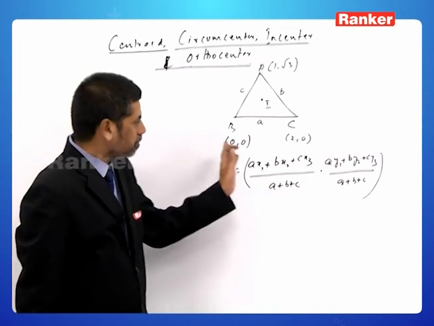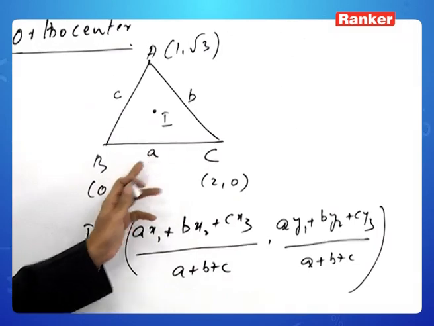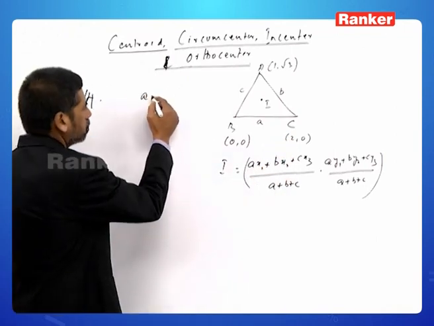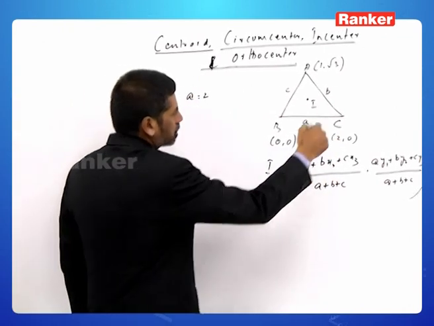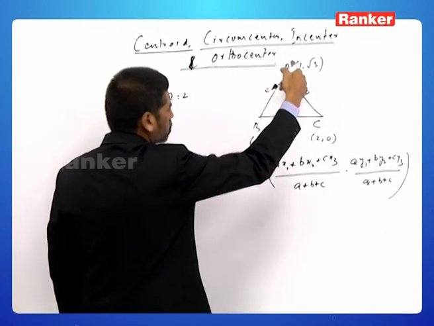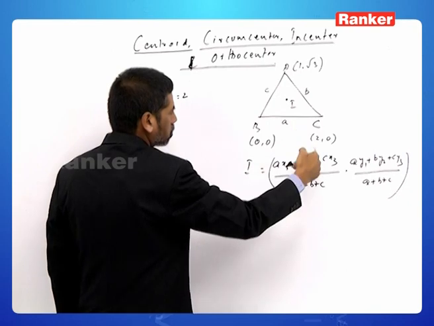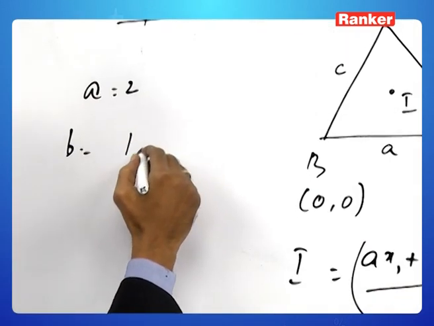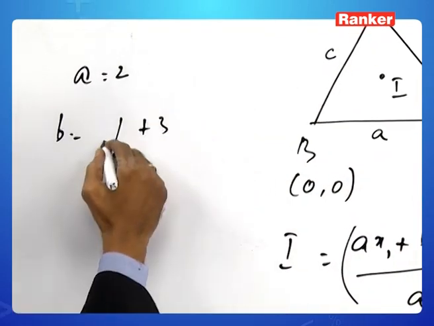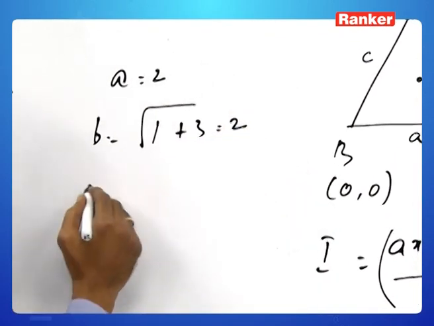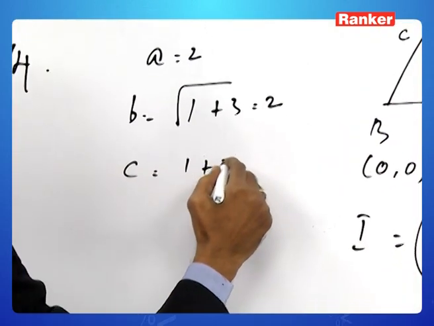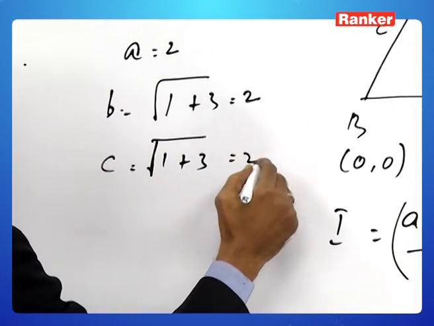Now you can easily see by inspection, small a is the distance between (0, 0) and (2, 0). So therefore a is 2. Now let's take b. b is the distance between these 2 points. Therefore (1 - 2)² + (√3 - 0)² under root, which is 2. And finally c is this distance, which is again √(1 + 3), which is 2.